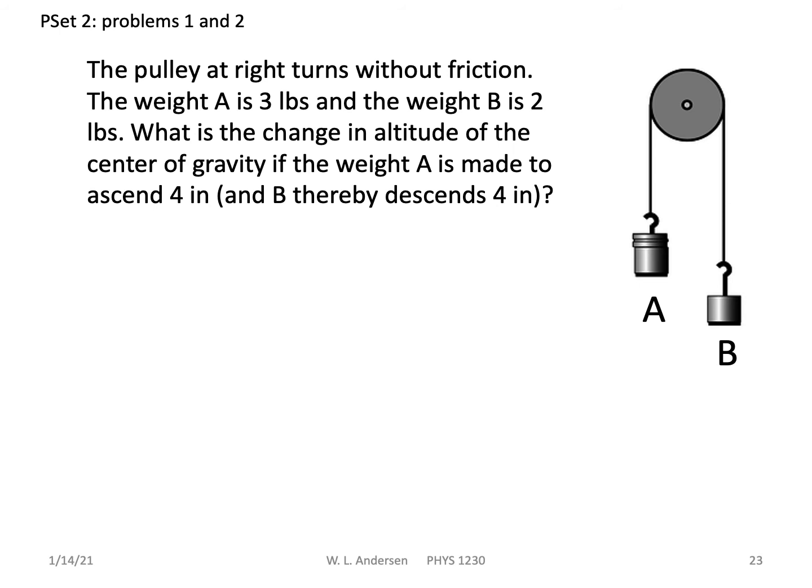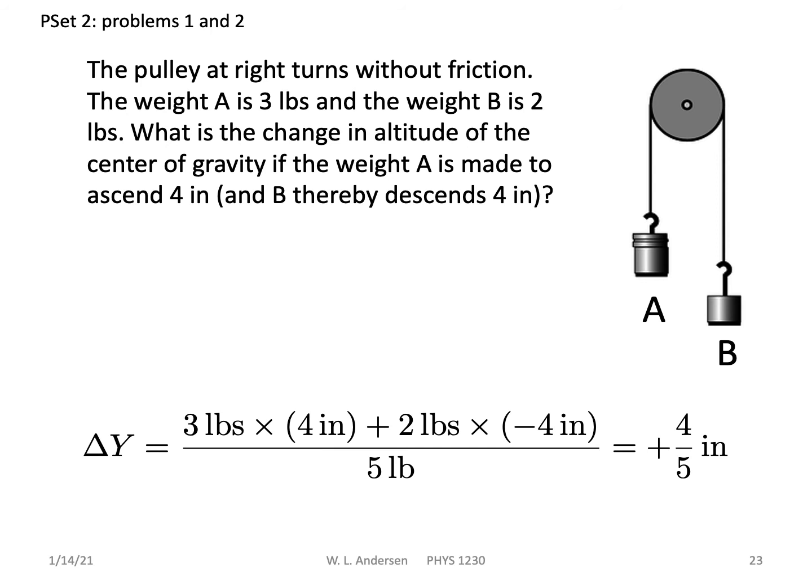Well, here's the formula. You just take the weighted average of the vertical position. So it's going to be the weight, 3 pounds, times the change in position, which is 4 inches, plus 2 pounds, the weight of the other particle, B, times its change in position, which is negative 4 inches, since it's going down.